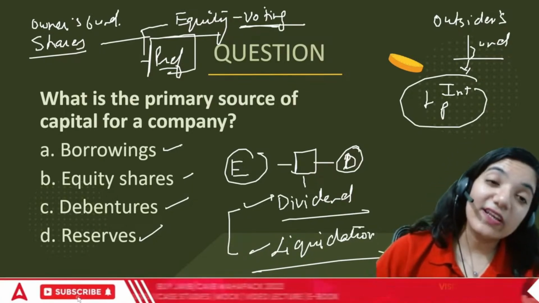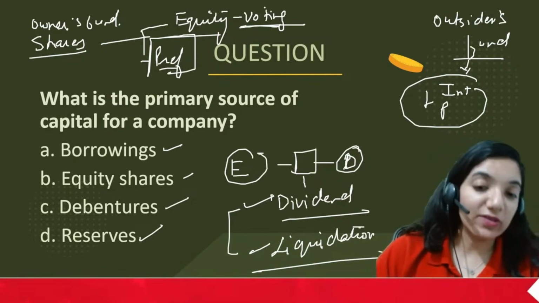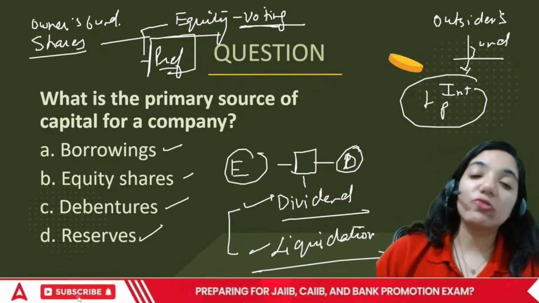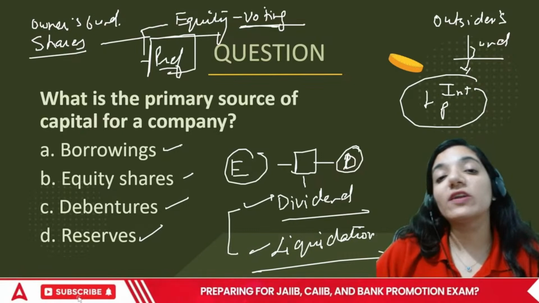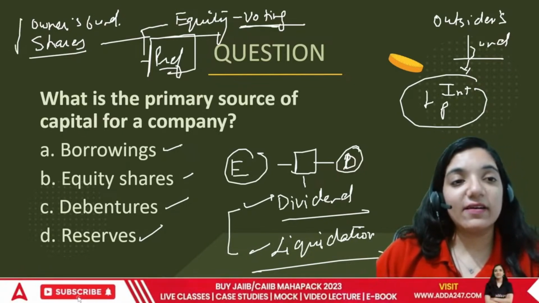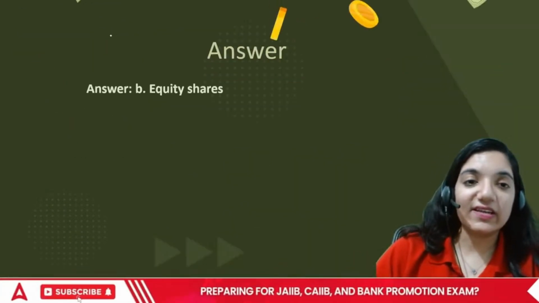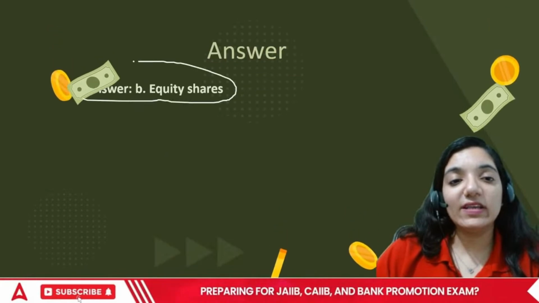They get voting rights only if the company fails to pay the dividend for two continuous years. Otherwise they do not have any voting rights. So this is the entire blueprint of company accounts. In this case the correct answer would be equity shares.